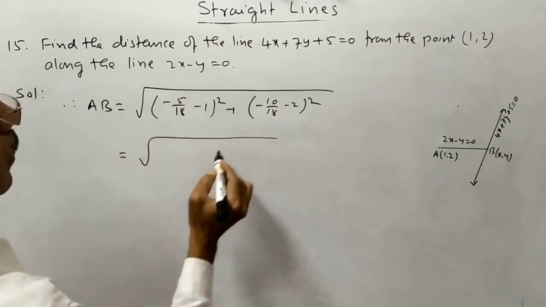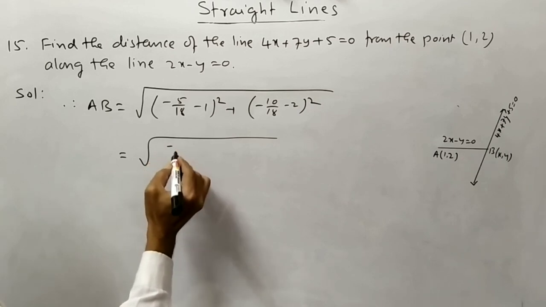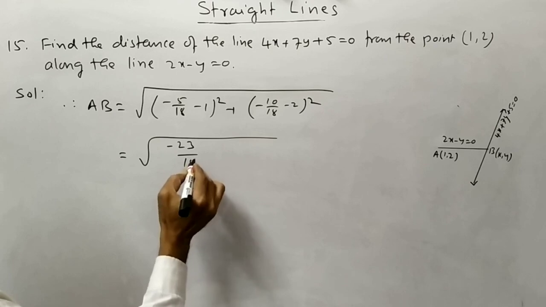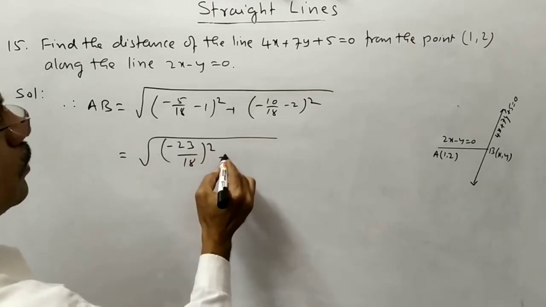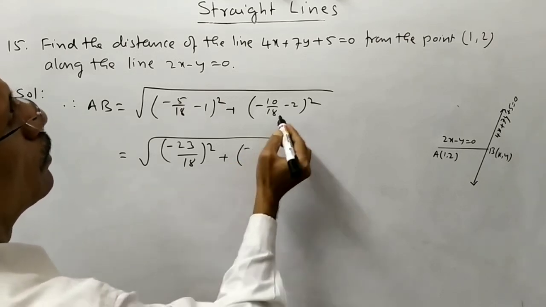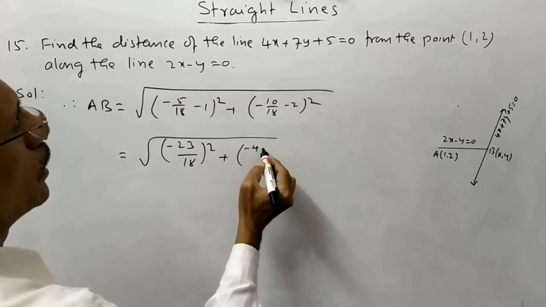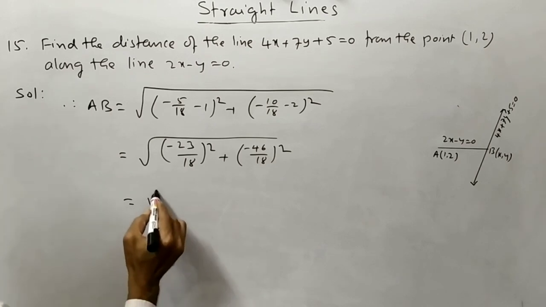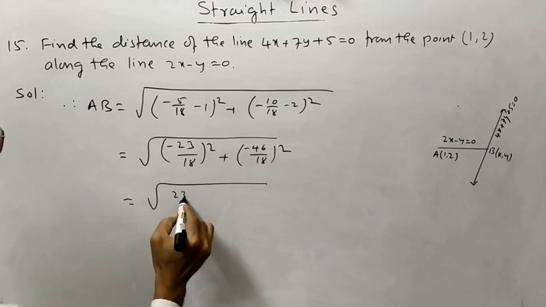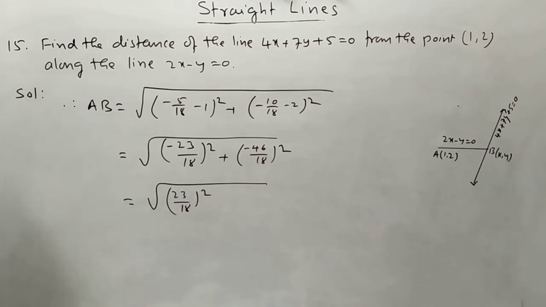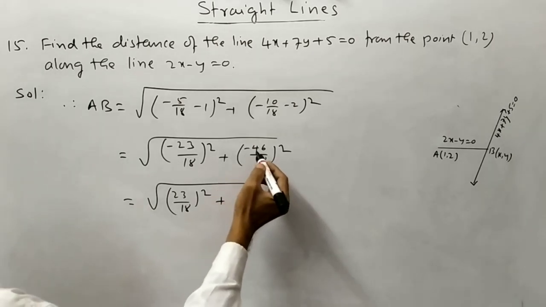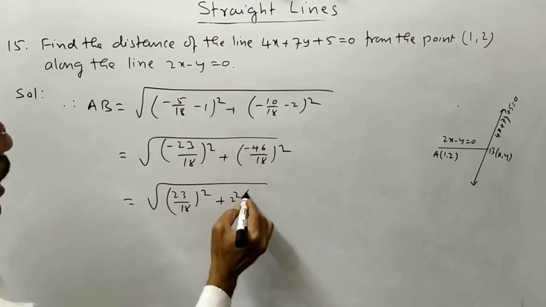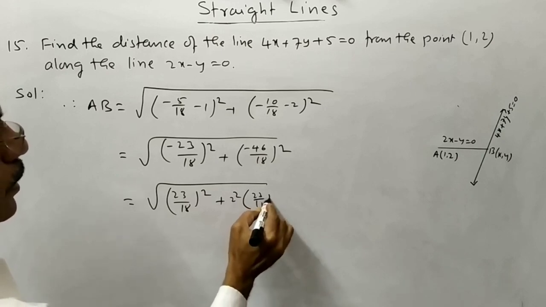This is equal to square root of (minus 23 by 18) whole square plus (minus 46 divided by 18) whole square, is equal to square root of (23 by 18) whole square plus, this 46 can be written as 2 into 23, 2 square into (23 by 18) whole square.